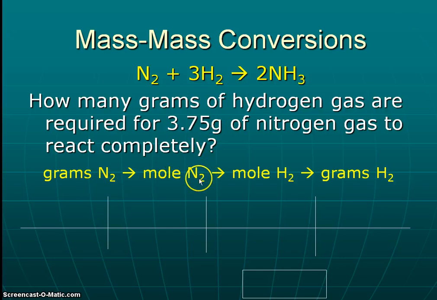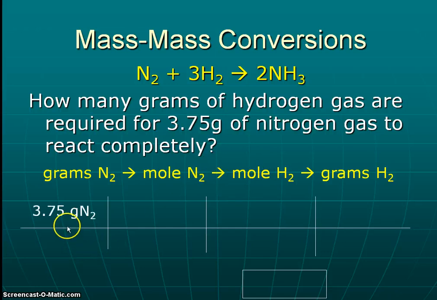Once I have moles of N2, I can use the mole-to-mole ratio to switch it to moles of H2. But I didn't ask you for moles of H2, I asked you for grams, so we'll have one more step. So we're going to go grams of N2 to moles of N2, moles of N2 to moles of H2, and then back to grams.